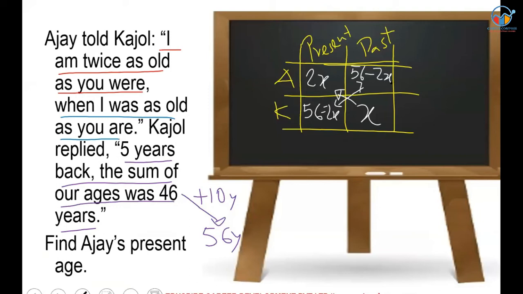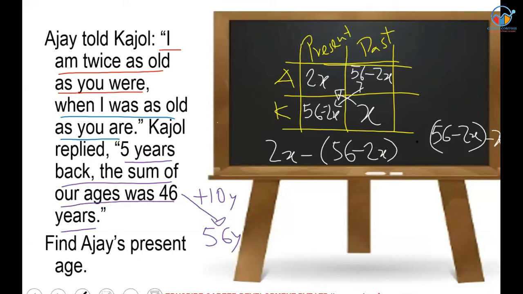Their age differences will remain the same, which means if you look at these two individuals, the present age difference is 2x minus (56 minus 2x). And in the past, the age difference was (56 minus 2x) minus x. So these two are the same.